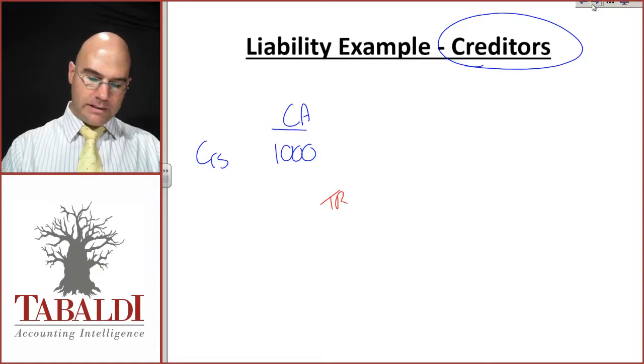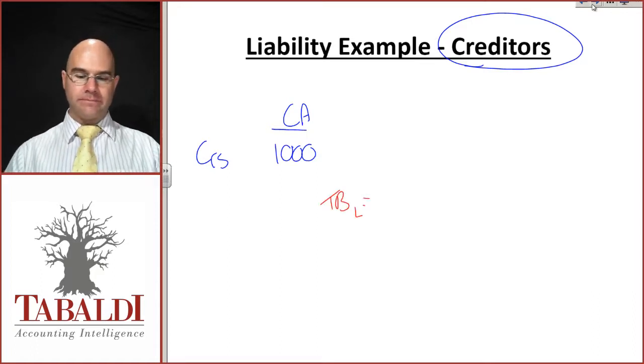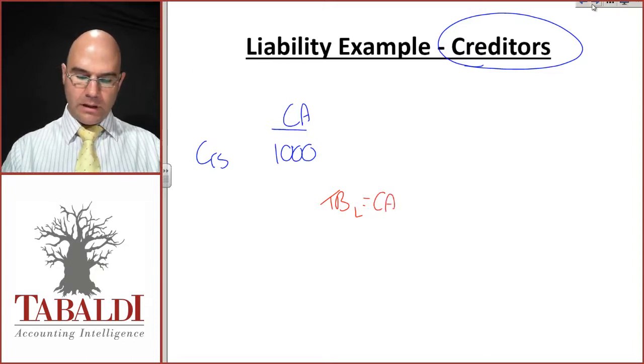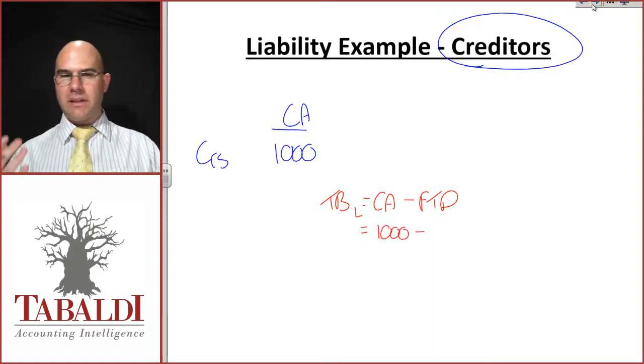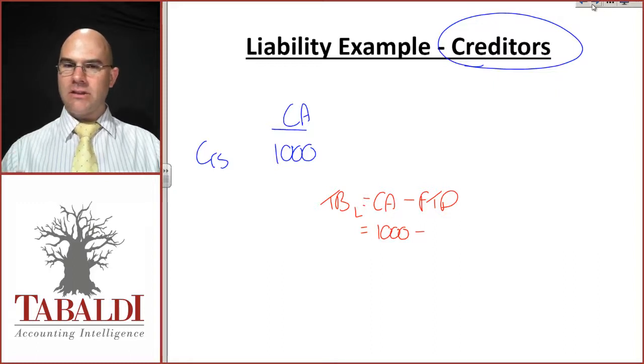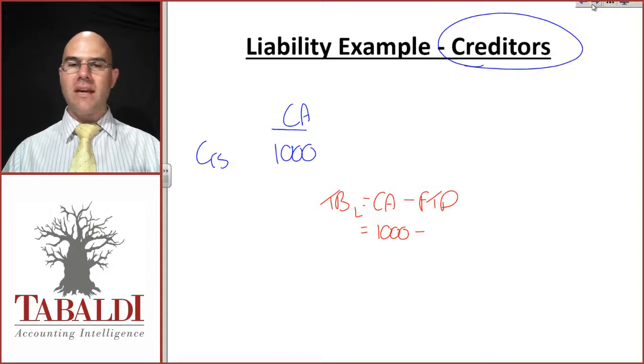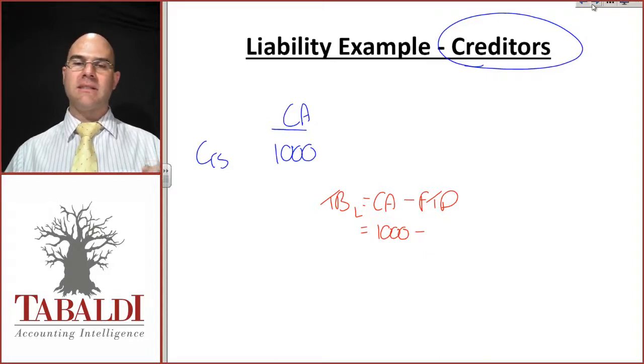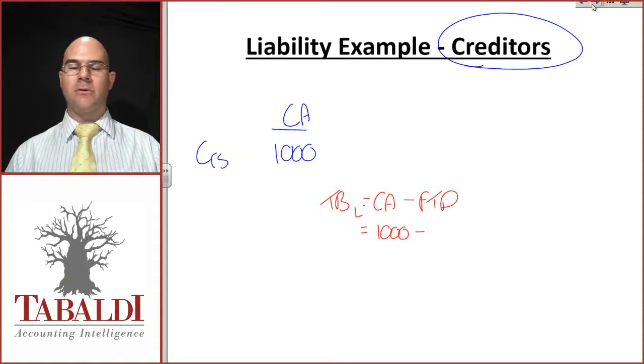So let's take my tax base of a liability definition, and I'll have my carrying amount minus my future tax deductions. Carrying amount, 1,000. Minus the future tax deductions. Well, let's think. When did I get the tax deduction? Well, it's already happened in the past, where I went debit expense, credit creditor. I received an invoice. There was an accrual, and the taxman said, use that as the timing for your deduction.